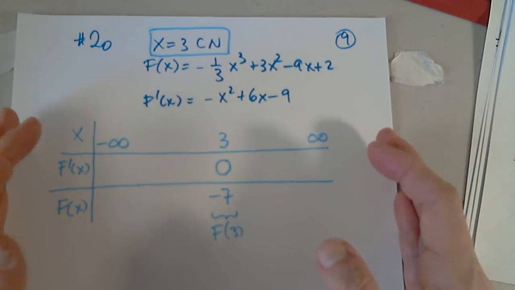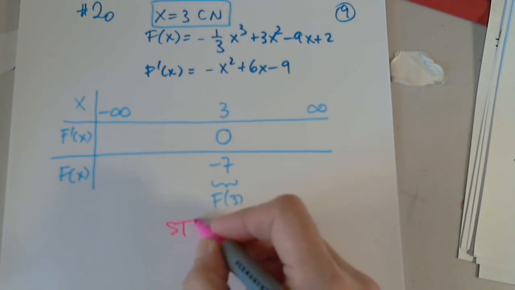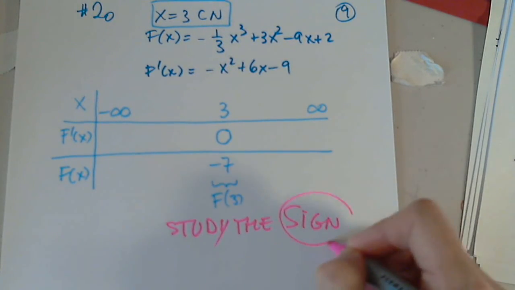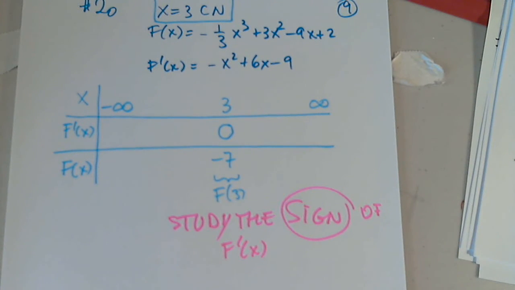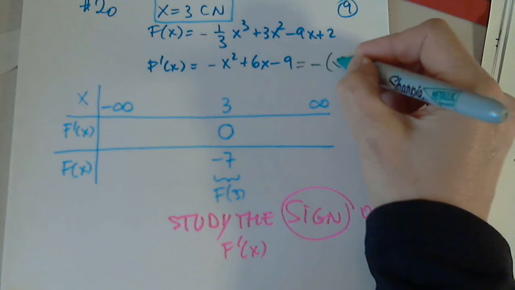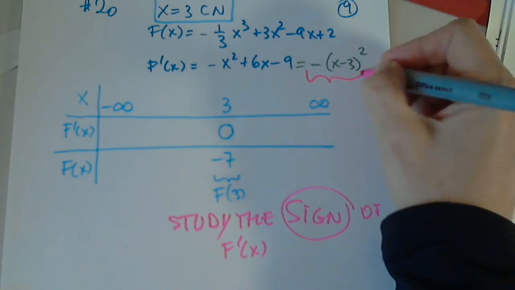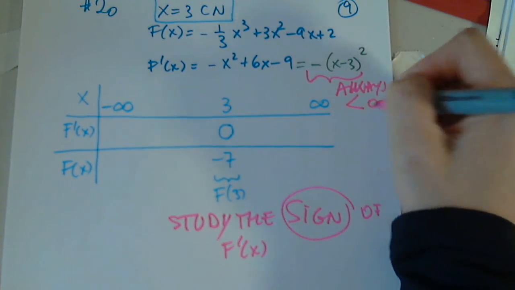At this point, I will study the sign of the first derivative, f prime. At the same time, I know that this is negative x minus 3 squared. We looked at it before. So no matter what, this will always be a negative number, always less than 0.